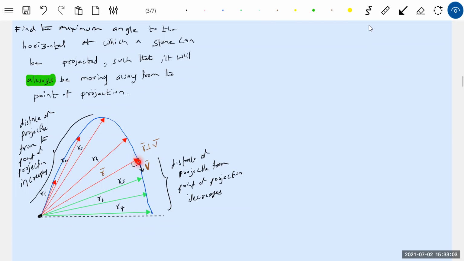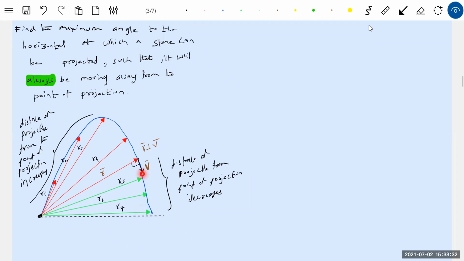Then after crossing this point, the distance between me and the shell starts decreasing. So it should always move further from me. Then somewhere go and should collide here. So after this, the distance between the shell and me starts decreasing. So if the blast occurs near to me, what happens? I'll be under risk. Forget about enemy.